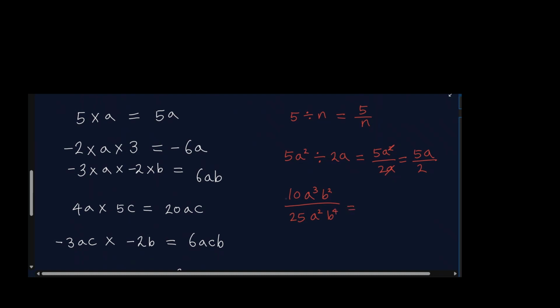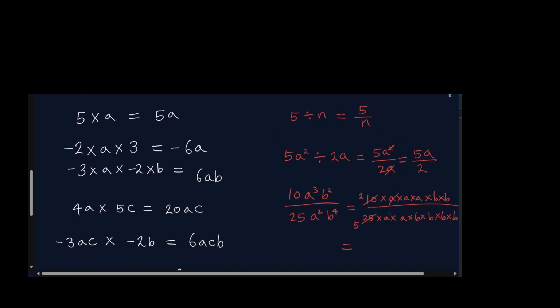Now, if I just write it in a long extended form, I can write it as 10 times a times a times a times b over 25 times a times a times, we got 4 of this b, right? So if we simplify numbers first, 10 and 25, they both divisible by 5. How many 5s are there in 10? 2. How many 5s are in 25? 5. And let's cancel letters.